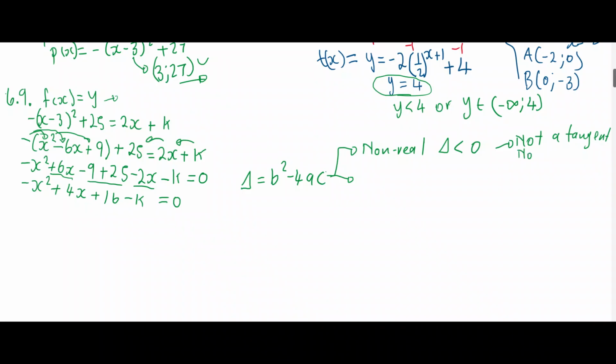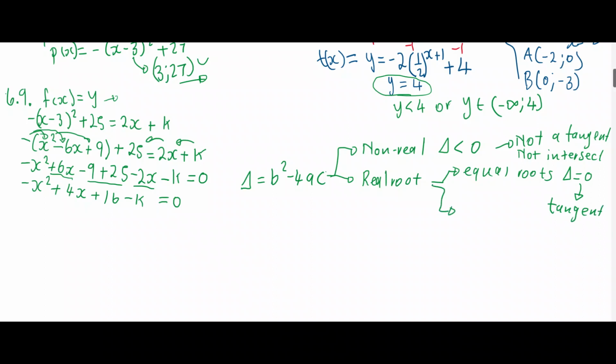You guys are going to solve this for it not to be a tangent, or not to intersect. But where we've got real roots, they can be equal roots, meaning you'll be solving the discriminant equal to 0.